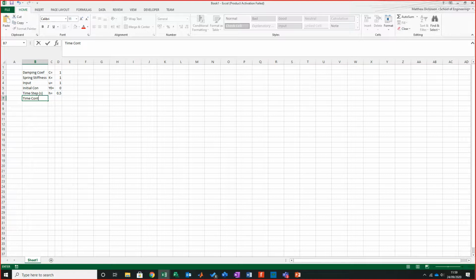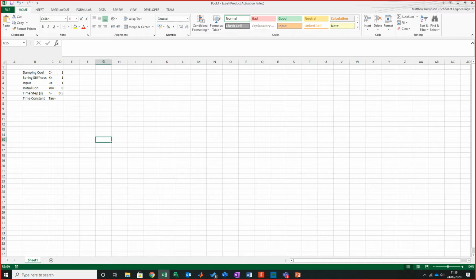So constant tau. I put that in, I know you can put symbols in, I've just typed it in. At least then I know exactly what I'm talking about. I'm just setting them all strictly at 1 at the minute. I'm going to tune them all up a bit more in a little bit.